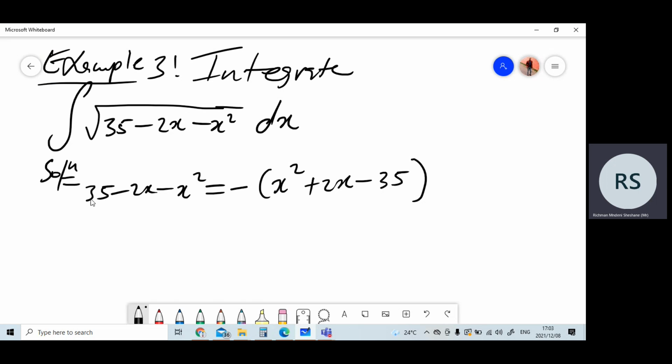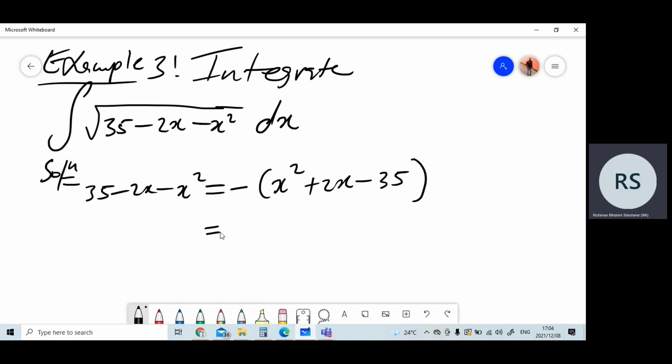Multiplying the negative into my second term gives minus 2x, and into my third term gives 35. My aim was to make sure this is in order, starting from x squared, x to the power of 1 and the constant, and that the coefficient of x squared is 1.